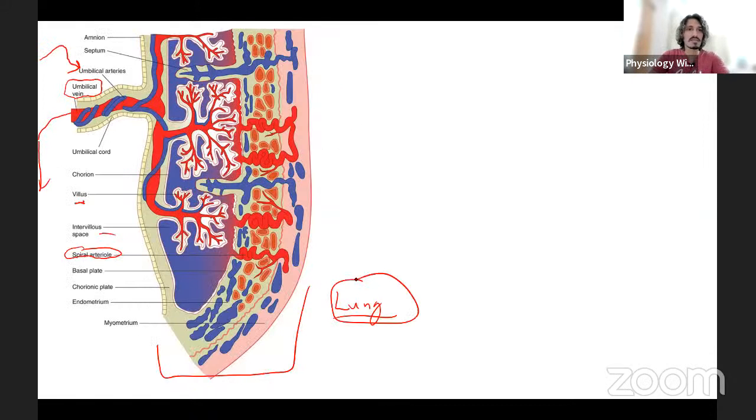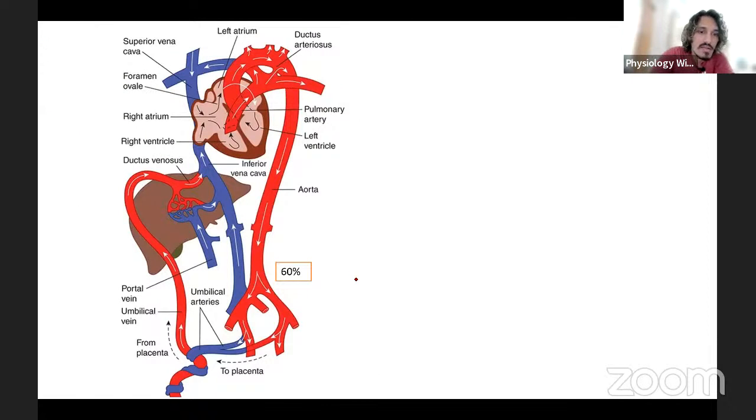So by the end of this, what is going to happen? What is coming from the placenta forms your umbilical vein. Now, this umbilical vein goes like this through your liver.